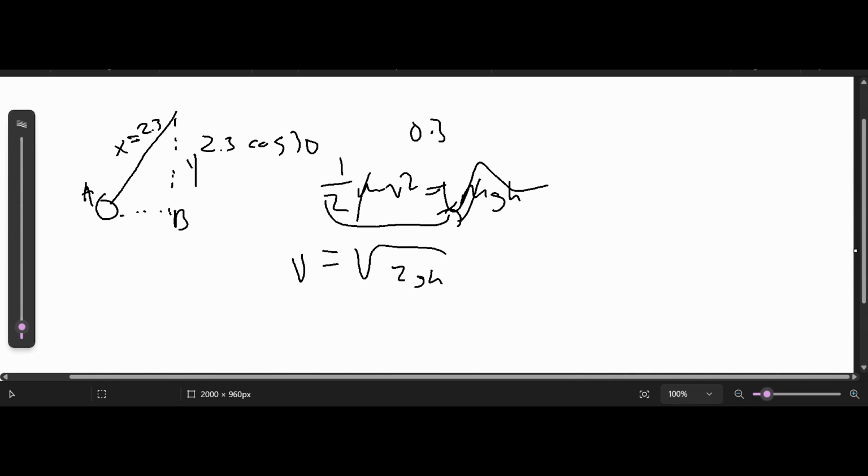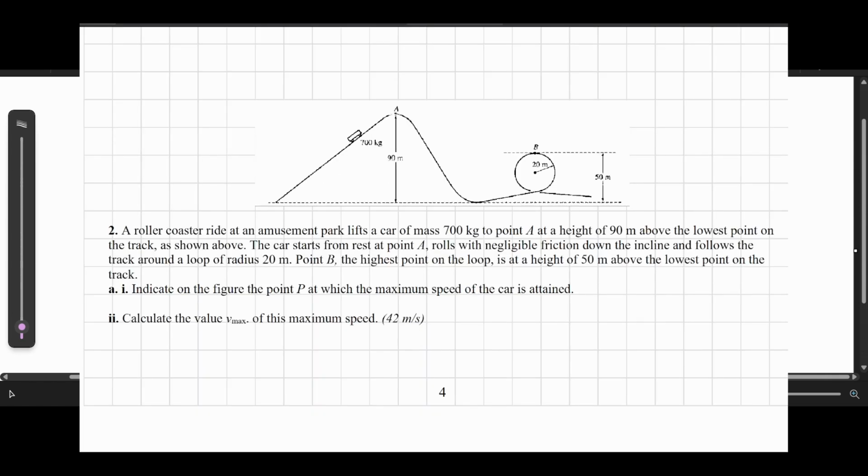A roller coaster ride at an amusement park lifts a car of mass 700 kilograms to a point A at a height of 90 meters above the lowest point on the track as shown above.